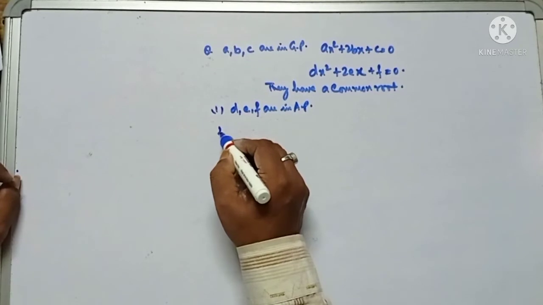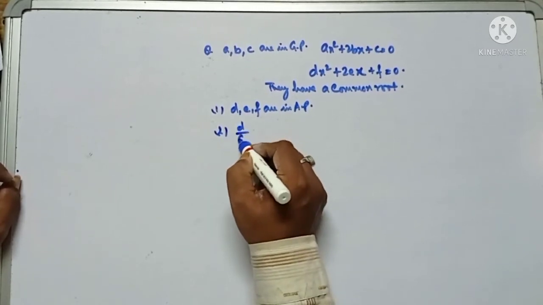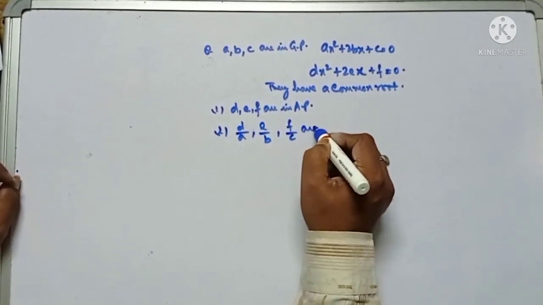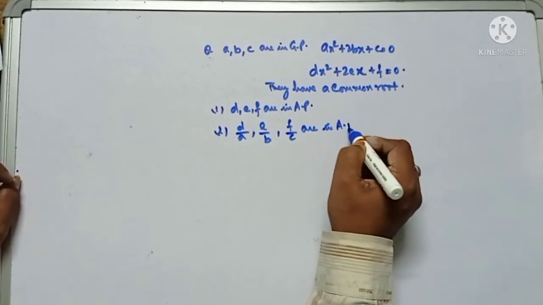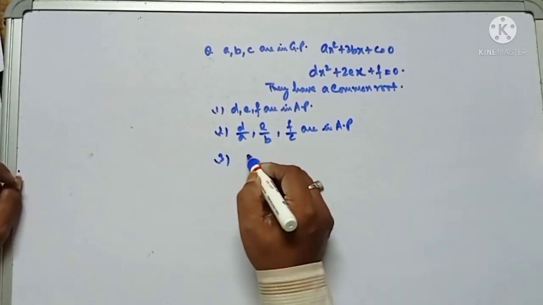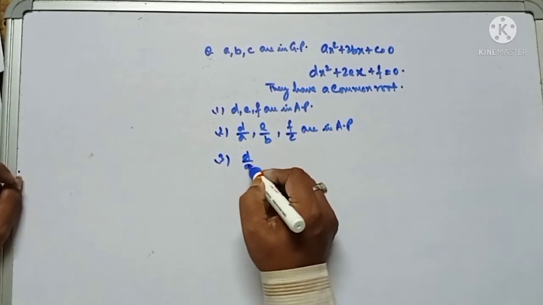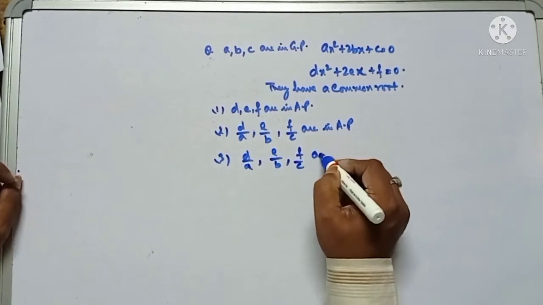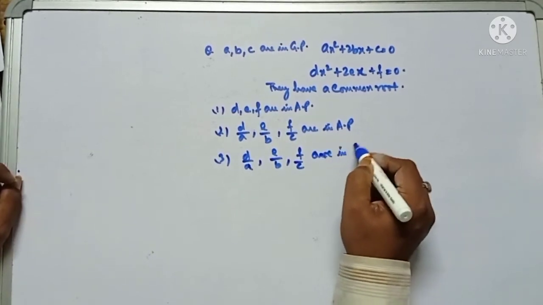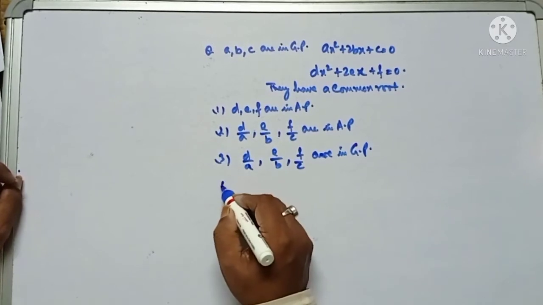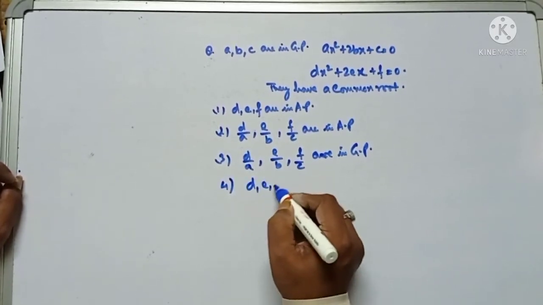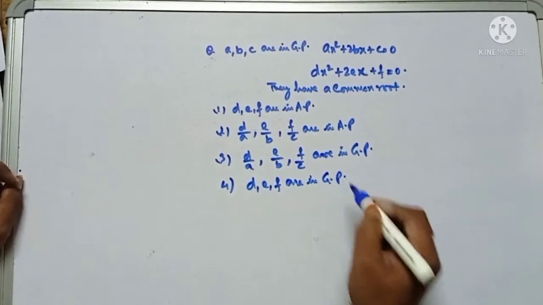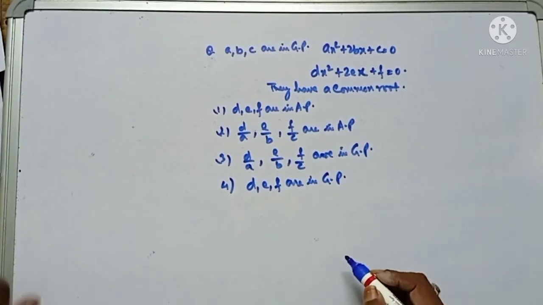The second option was D by A, E by B, F by C are in AP, and the third option is D by A, E by B, F by C are in GP, and the fourth option is D, E, F are in GP. This was the question asked by a student.